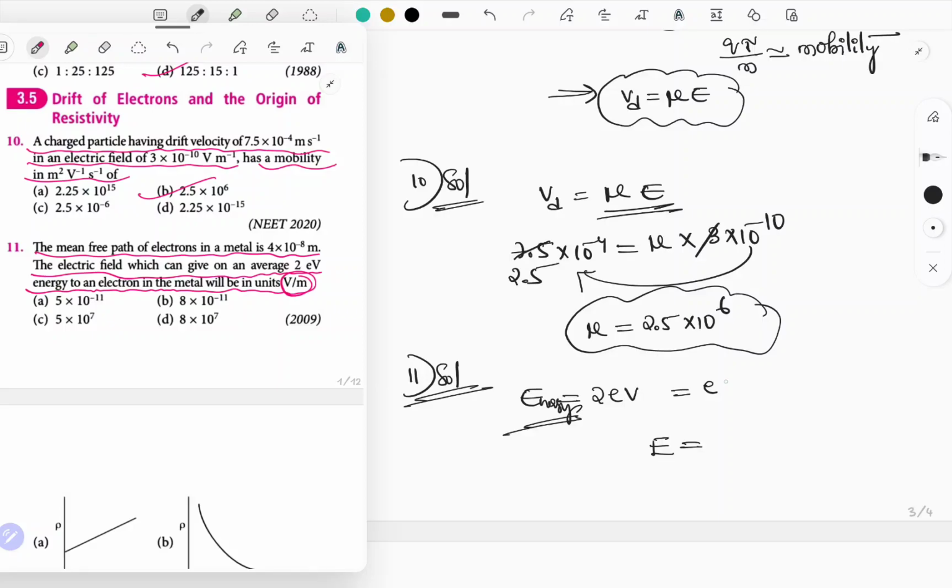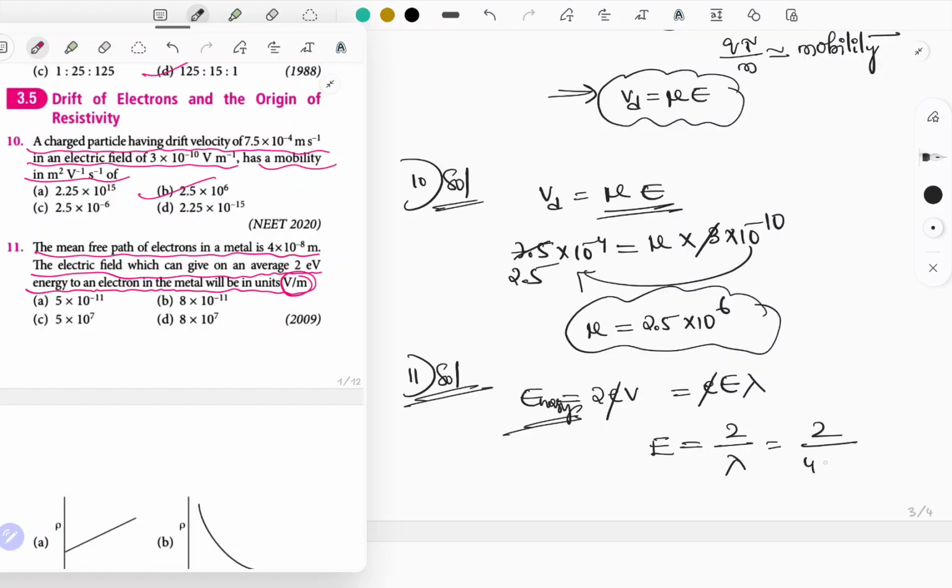The force is Q into E and displacement is mean free path. From this, E will get cancelled out and E is equal to 2 divided by lambda.